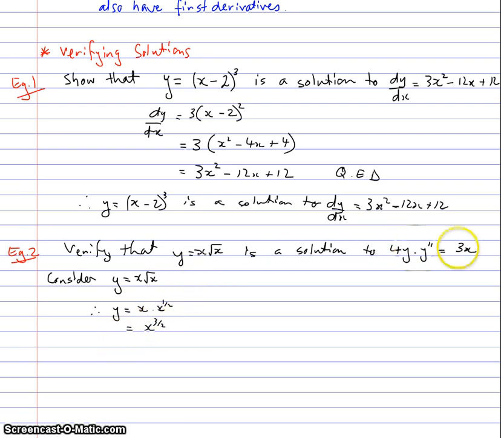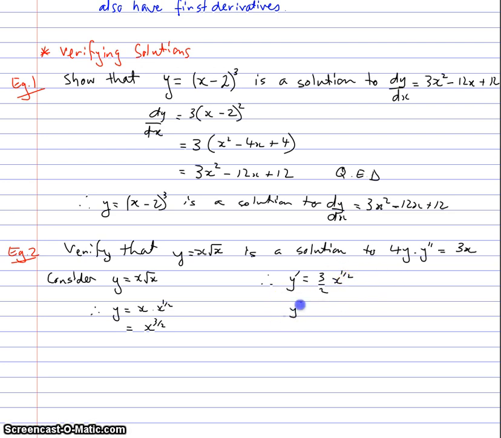Now, we need to have involved here the expression for y, but also the second derivative of y. So we are now going to go ahead and find the first derivative, y dash, and that's going to be 3 over 2 x to the 1 over 2.